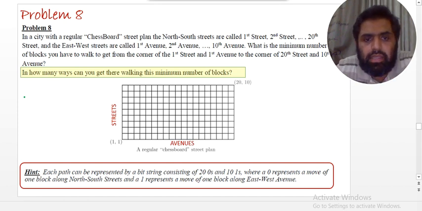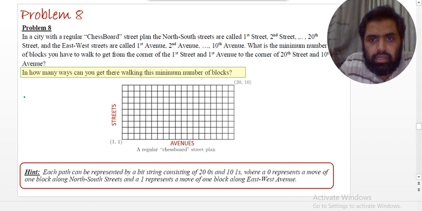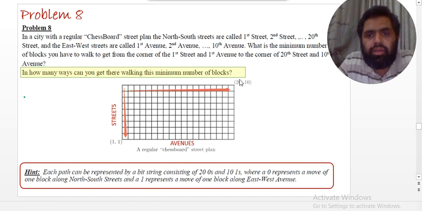So in this problem they said that in north south directions we have streets, and in east west directions we have avenues. So we have got 20 streets and 10 avenues.